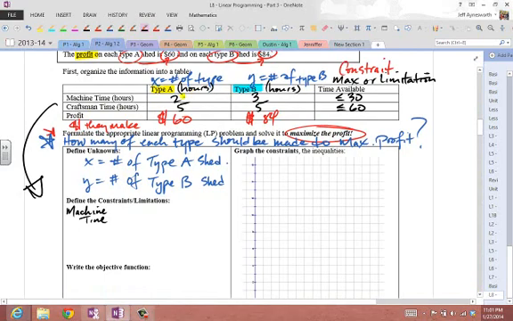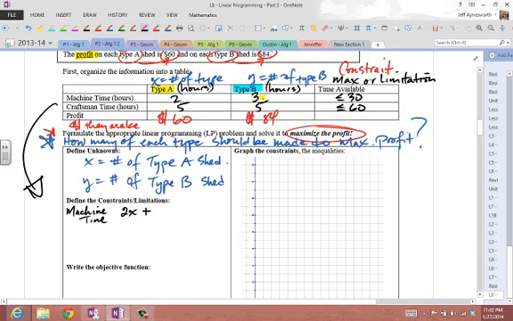So going back up here, for every type A shed you make, it takes 2 hours of machine time, so the total machine time for type A is 2x hours. If we build type B as well, every type B shed we make takes 3 hours of machine time. If you build one type B, it takes 3 hours. Build 2, it's 2 times 3, or 6 hours.